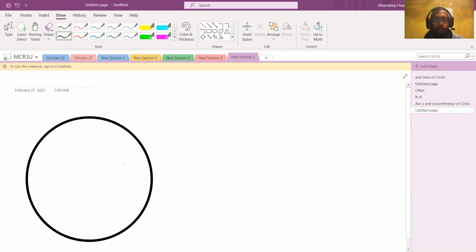So here's my circle. Again, let's draw the center of my circle using red again. So my little red dot is the center of the circle.